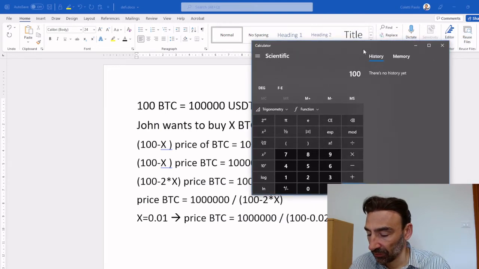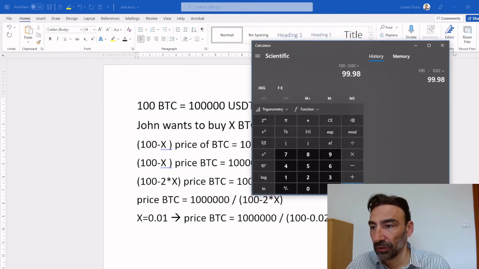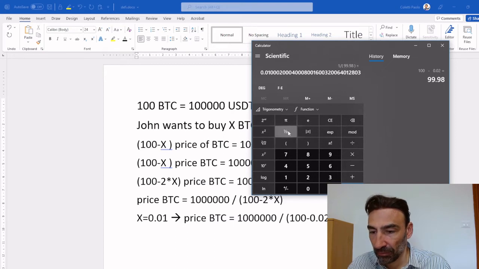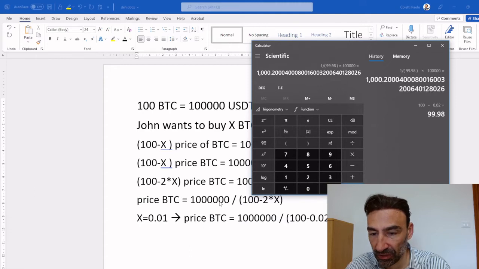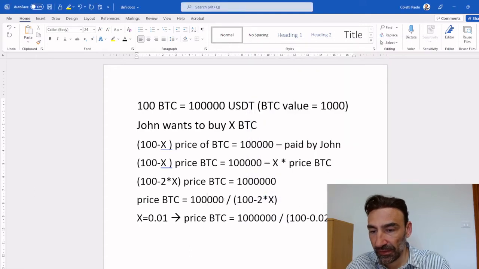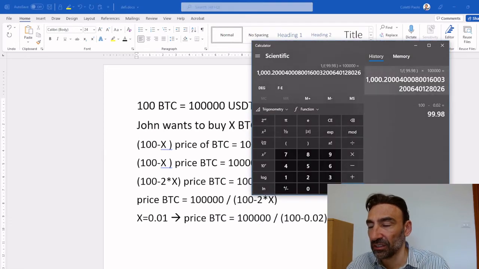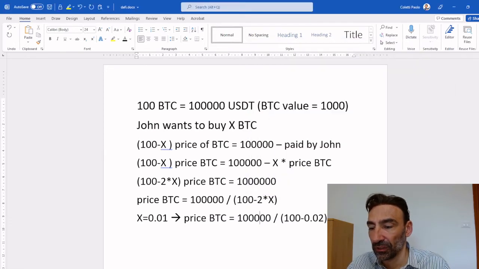So we take the calculator here: 100 minus 0.02, then 1 over x, times 100,000. Okay, there is an extra 0 here, I think. Price is, as you can see, 1,000.20.